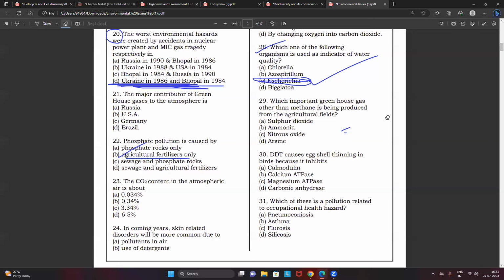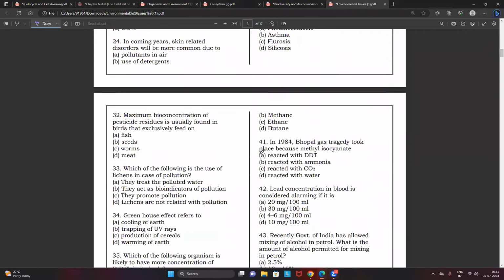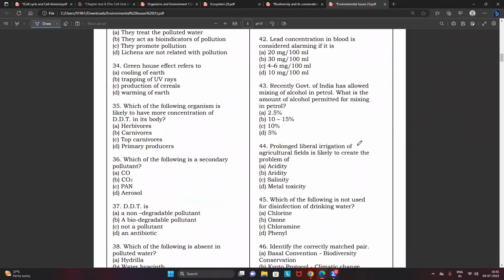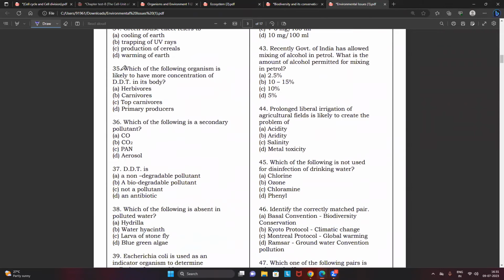Question number 29. Which important greenhouse gas other than methane is being produced from the agriculture field? Obviously, it is ammonia. Very, very good. No need to get confused. Question number 35.